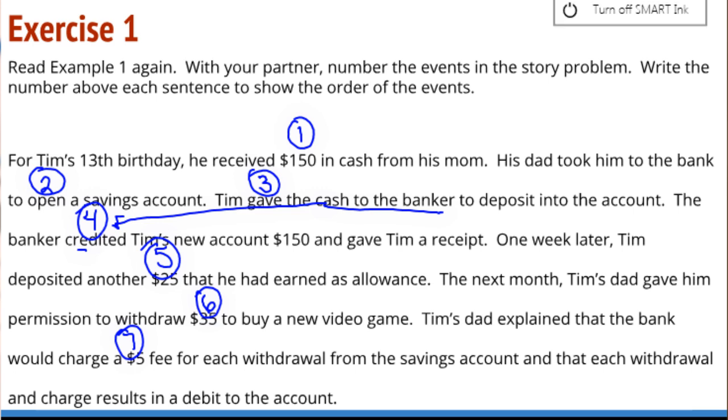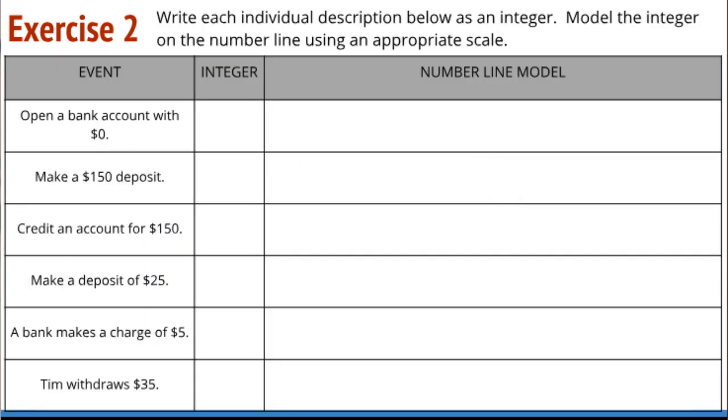So what we're going to do with that information now is we're going to actually take a look here at each of these situations, and we're going to represent them with an integer. And we're going to consider, is each of these things a positive or negative? And we're going to create just a number line to show this integer.